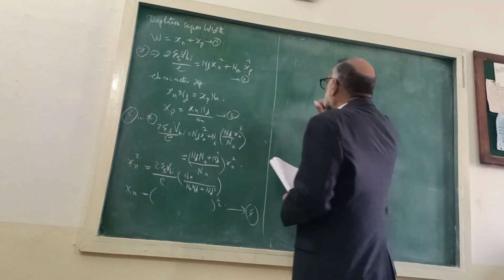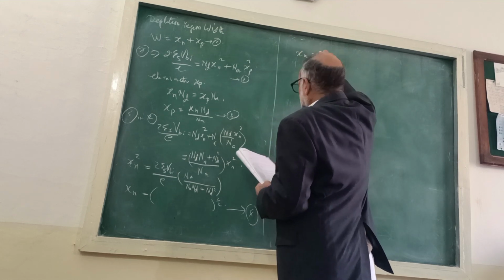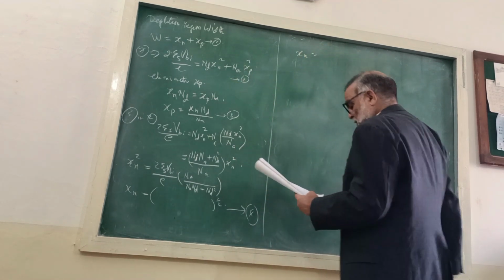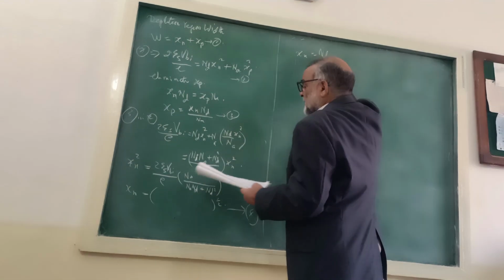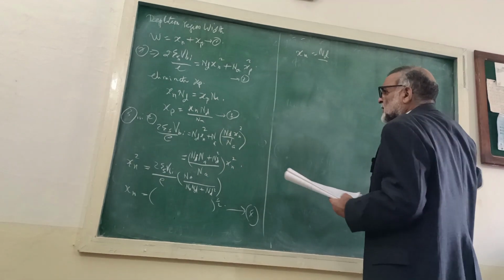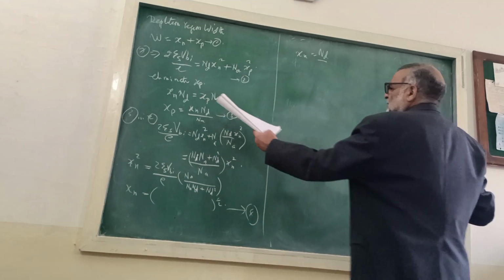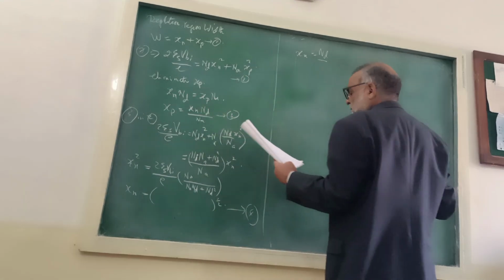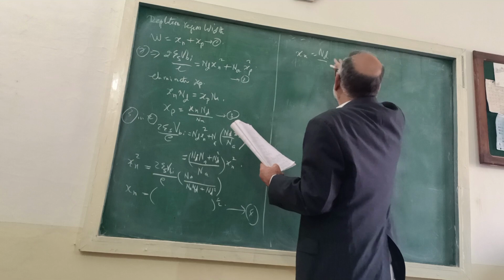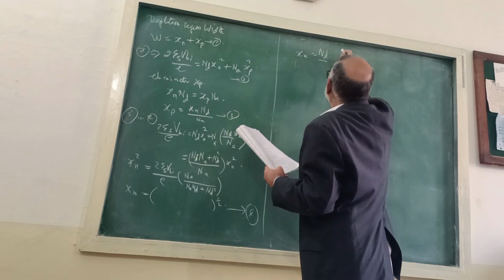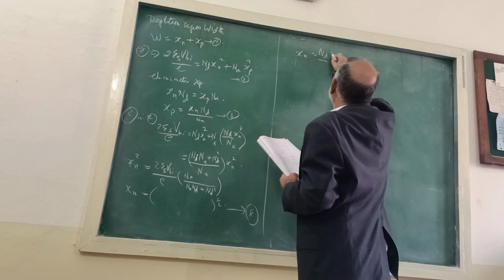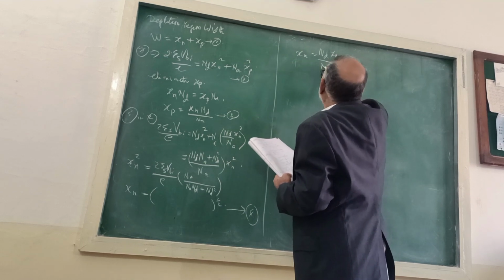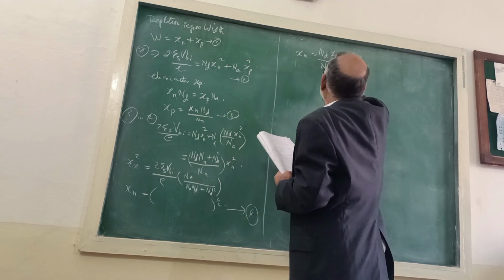If we take xn from that, it will be equal to NA xp divided by ND.